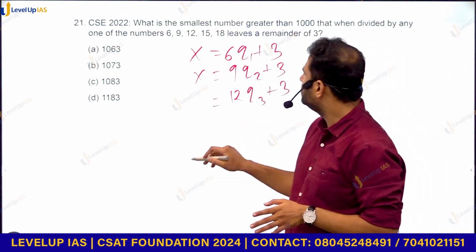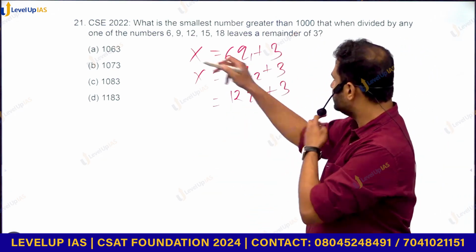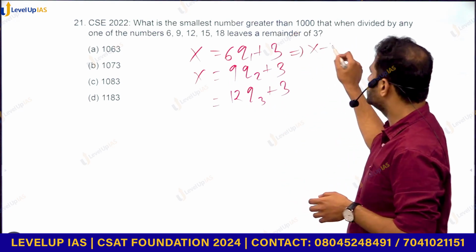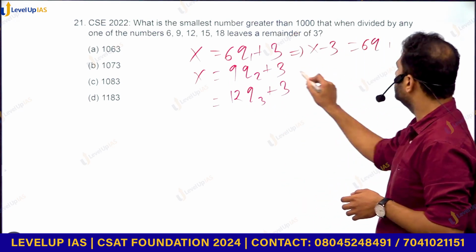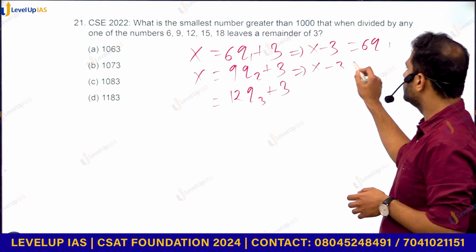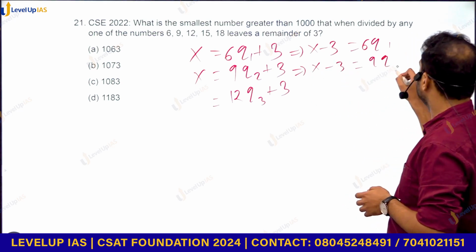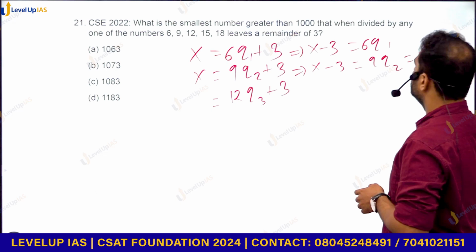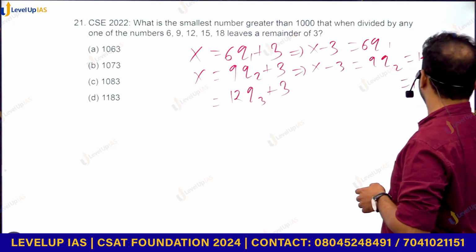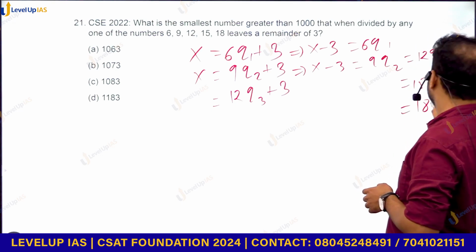So basically, if we take x that side, we have x minus 3 is equal to 6 into q1, x minus 3 is equal to 9 q2 is equal to 12 q3 is equal to 15 q4 is equal to 18 q5.